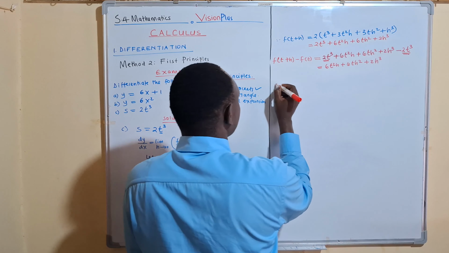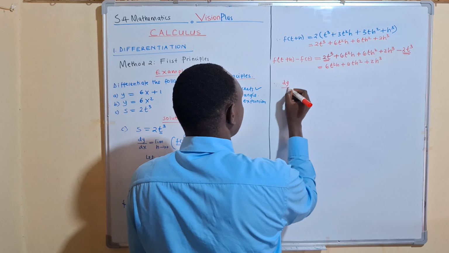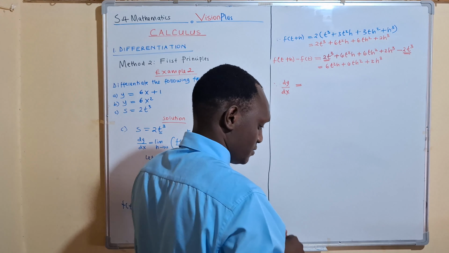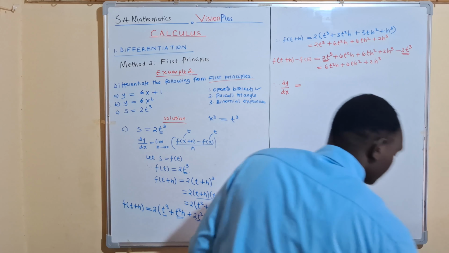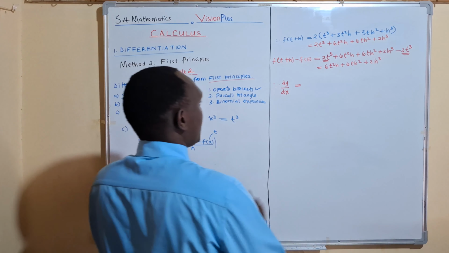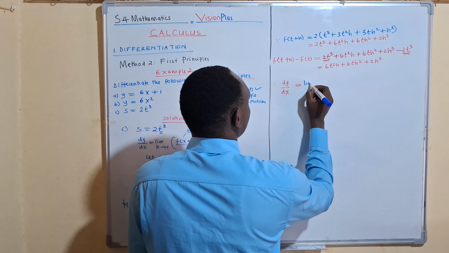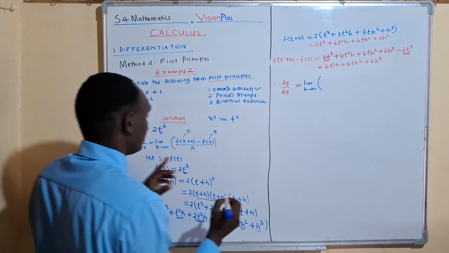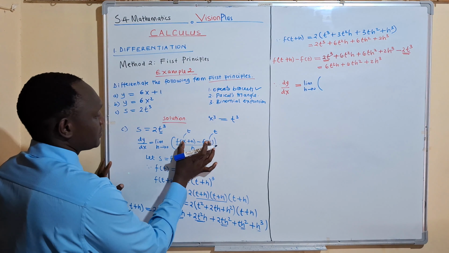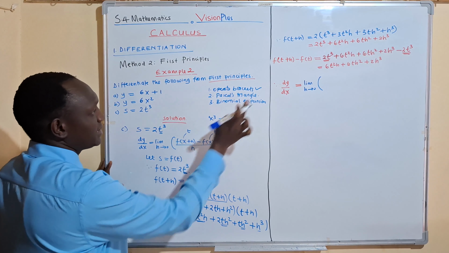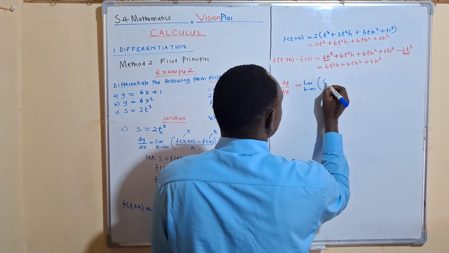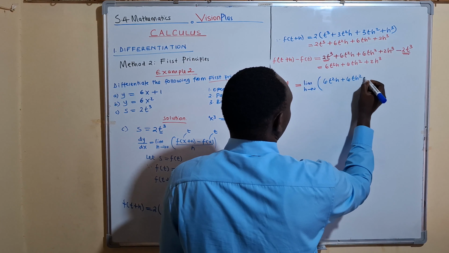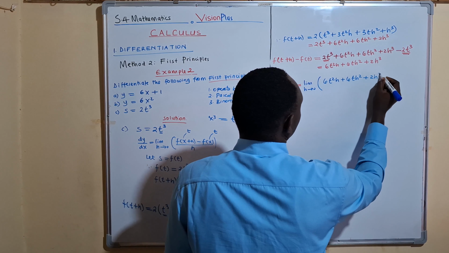Therefore, we shall say dy/dx equals the limit as h tends to 0 of the function. The difference of the two terms in the numerator is already there, which is 6t squared h plus 6t h squared plus 2h cubed.